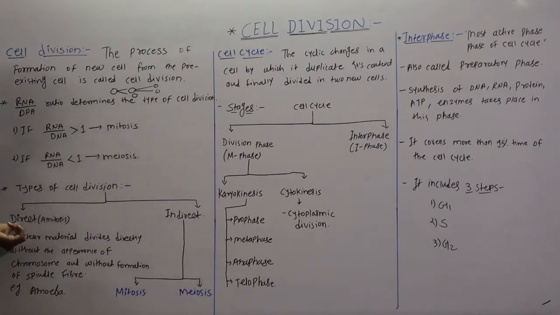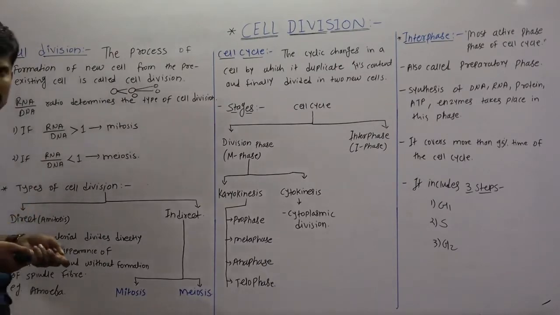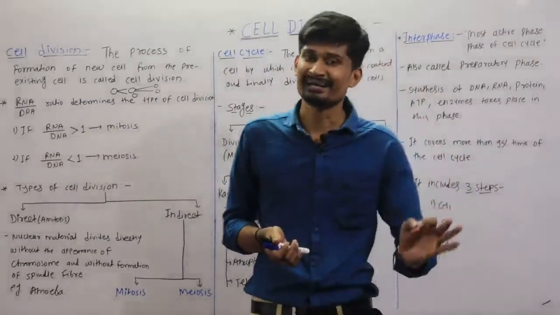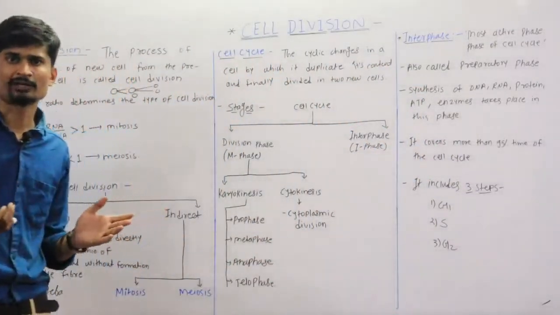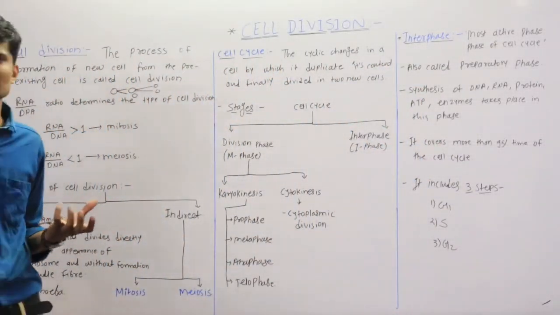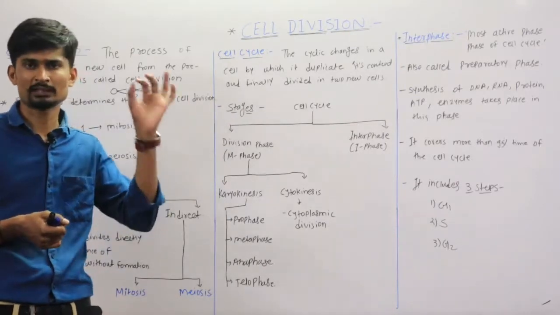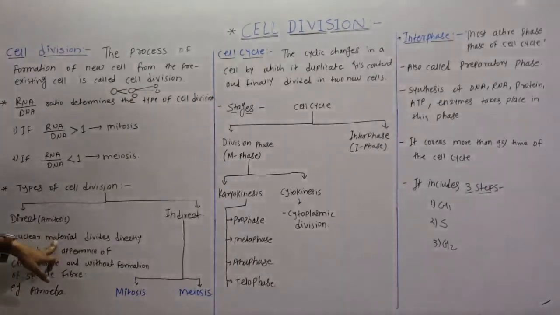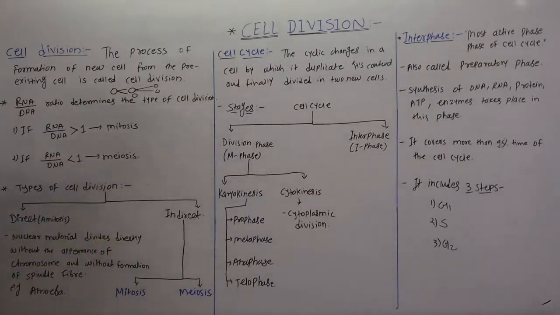Direct type of cell division means the nuclear material, that is the DNA, and in viruses there may be RNA. Except viruses, there is DNA in all living organisms which acts as the genetic material, that is the nuclear material. So the nuclear material divides directly without the appearance of chromosomes.